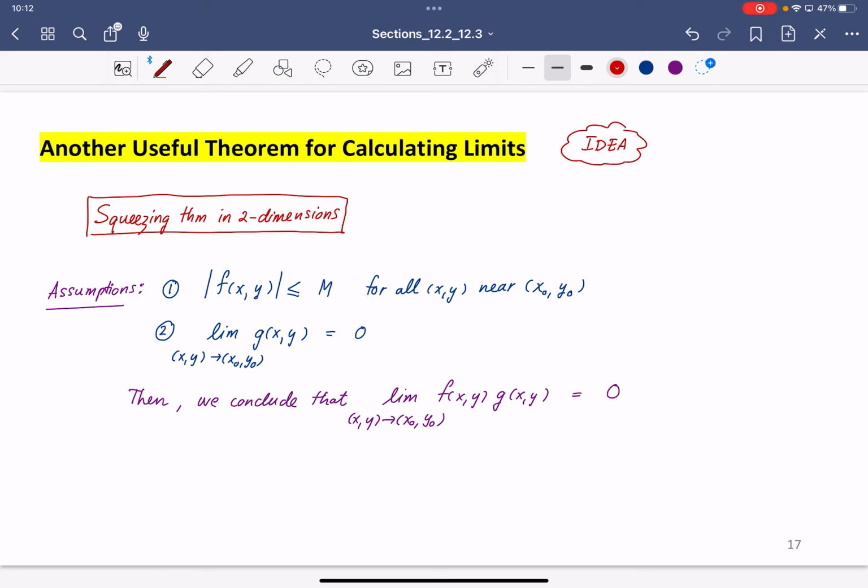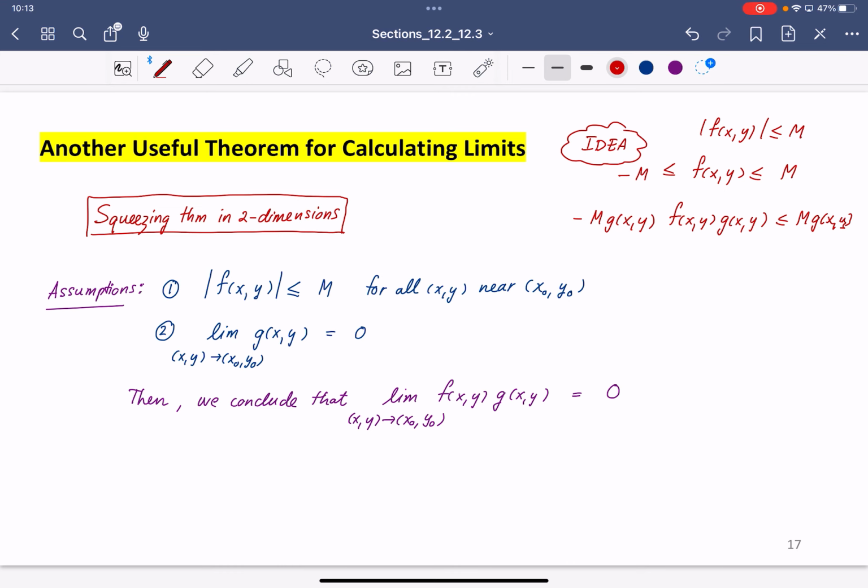So the idea is when you know that f(x,y) is between M and negative M, right? It means the absolute value of f(x,y) is less than M. If you know that the absolute value of f(x,y) is less than M, it means f(x,y) is going to be between minus M and M, right? And if you multiply f(x,y) by g(x,y), then f(x,y) g(x,y) is going to be in between M g(x,y) and minus M g(x,y), right?